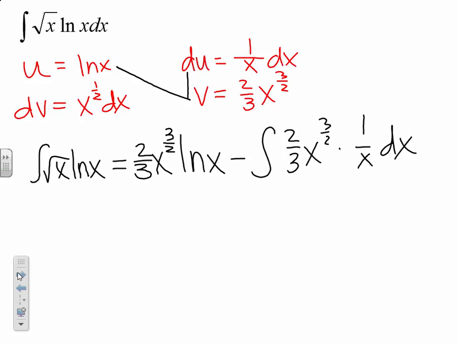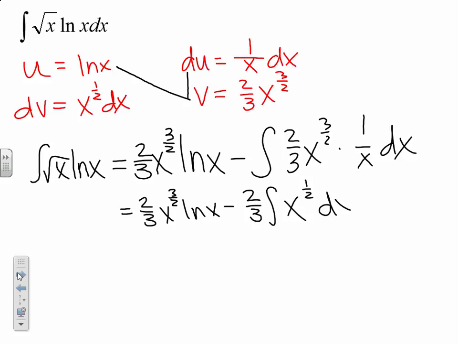Okay, obviously that is not pretty right now. But how can we rewrite x to the 3/2 times 1 over x? x to the 1/2, because this is like x to the negative first. Two ways to think about it: we're dividing, so we subtract 3/2 minus 1 to get our exponent, or we think of that as x to the negative first and add our exponents because we're multiplying.